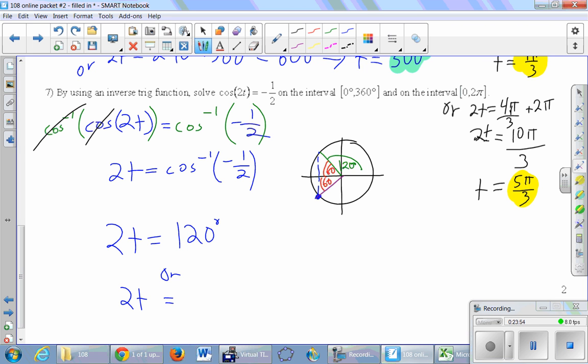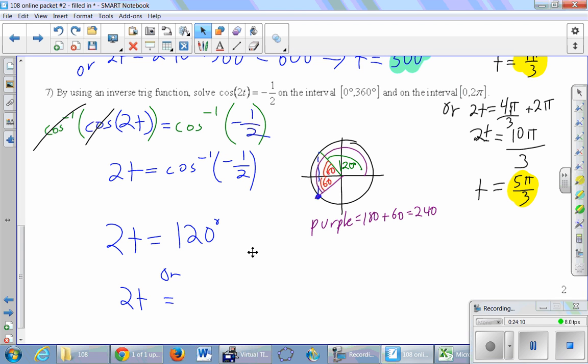Therefore purple is 180 to there, plus another 60, which is 240. And sure, it would have been easier just to grab 240 from the unit circle, but the point is that the numbers we get will hardly ever be on the unit circle, so we got to make sure we can do this with just the calculator.